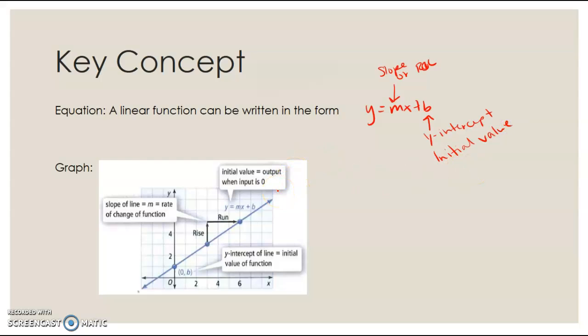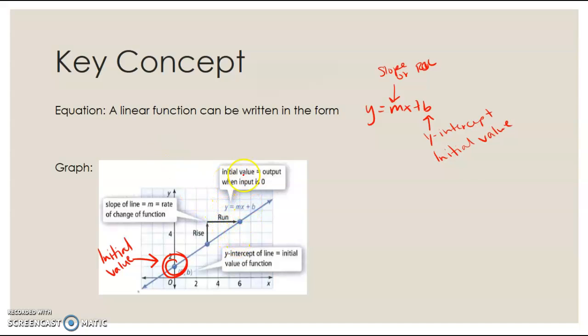And if you remember when we went to graph these, we would say begin at b. So beginning meaning initial. In a graph, we're going to find that initial value of a function at the y-intercept, right? So this is where our initial value is. Here it's talking about our rise over our run, which is our slope, our rate of change.